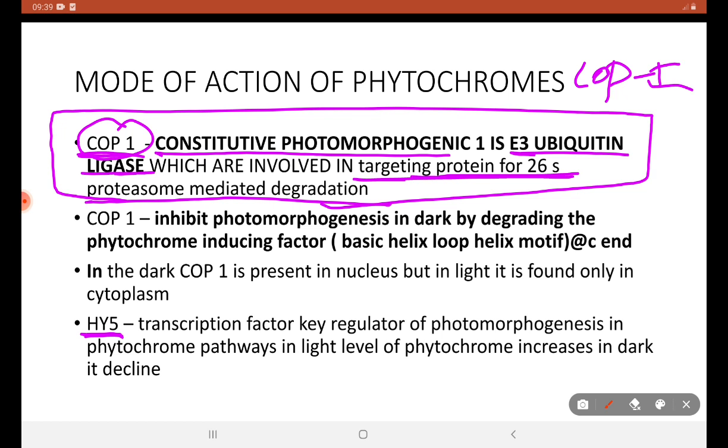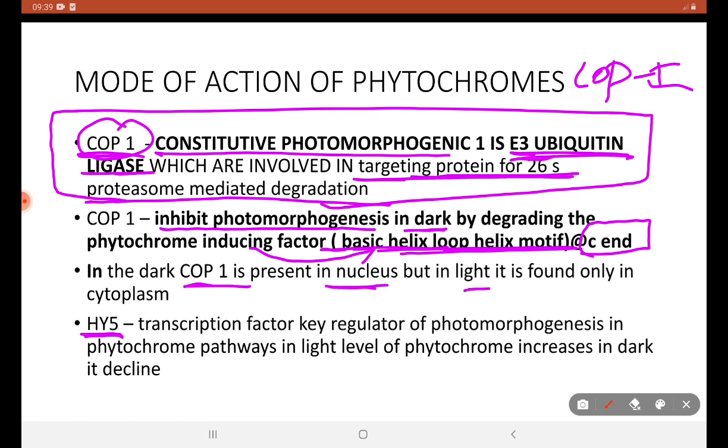It is nothing but a ubiquitin ligase. It inhibits photomorphogenesis in dark by degrading phytochrome interacting factor. Phytochrome interacting factor is a basic helix-loop-helix motif protein, and it occurs at the C-terminal end. In dark, COP1 is present in the nucleus, but in light it is found only in the cytoplasm.